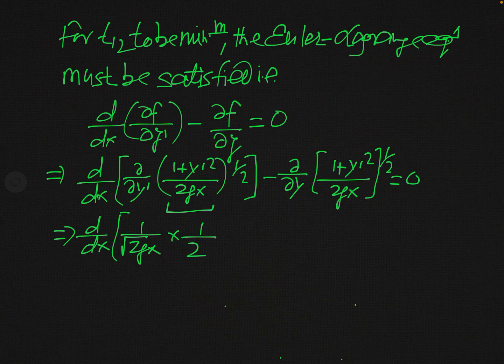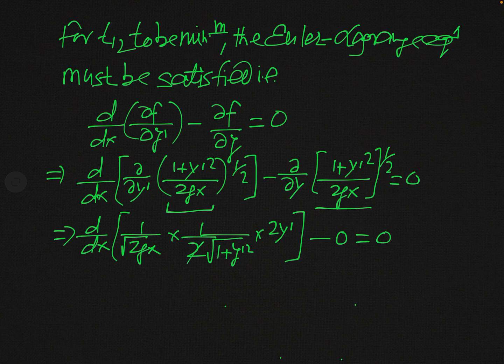This will be 1 over 2 root over 1 plus y prime square times 2y prime, and minus, see here, as we are differentiating partially with respect to y of this function, but this is not a function of y directly, so its partial derivative with respect to y will be 0, and this equal to 0.